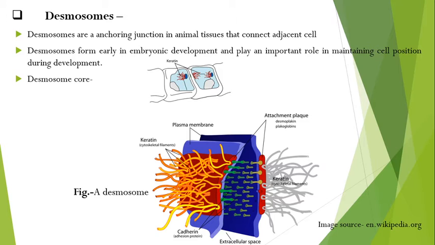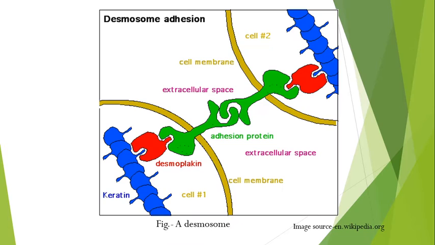These are the cadherins that interact with the plaque at the inner membrane surface and mediate cell-cell adhesion at the outer membrane surface. In the second diagram, desmosome adhesion: green in color is the adhesion protein.